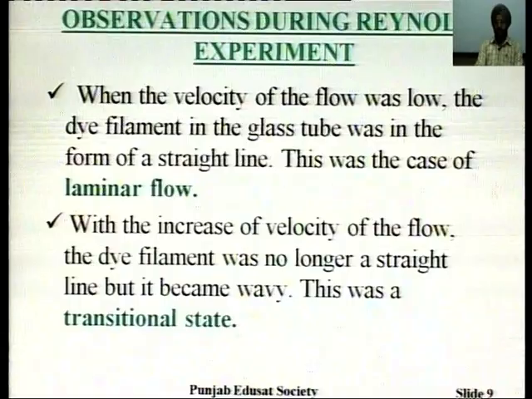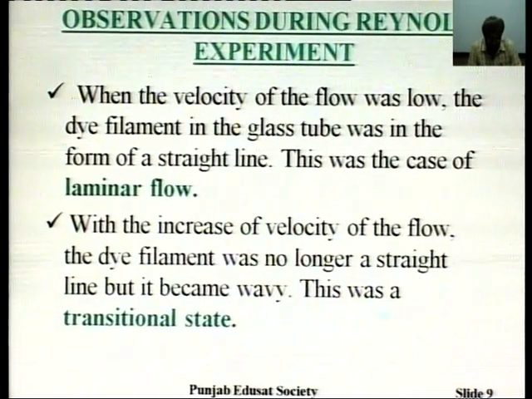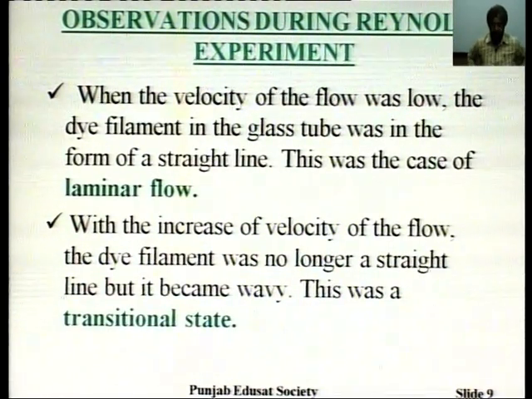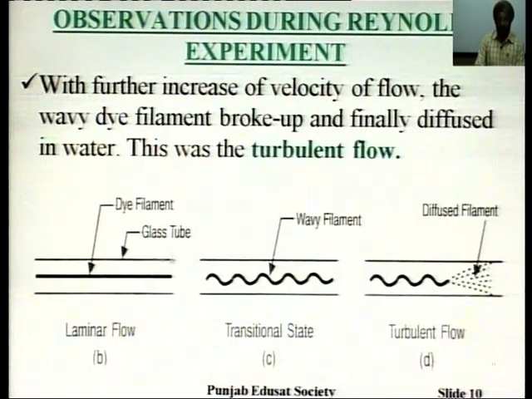What are the observations? The first one: when the velocity of the flow was low, with the help of the regulating valve, the dye filament in the glass tube was in the form of a straight line. Just look at this diagram.